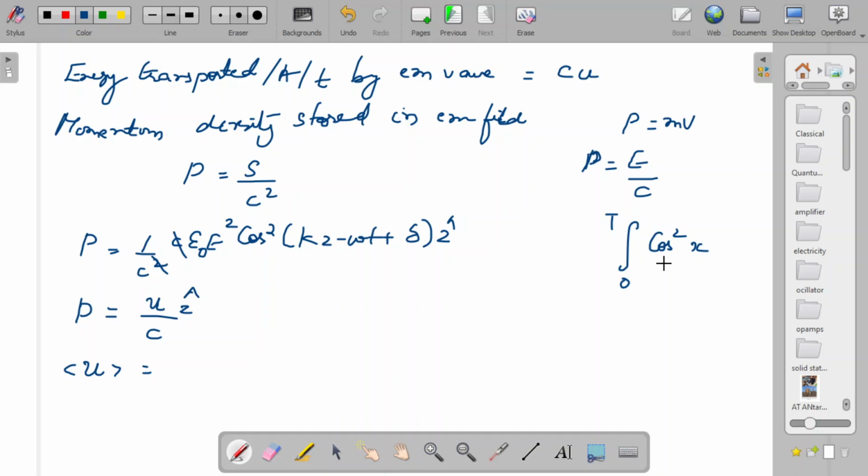You can replace this cos square x with the trigonometric relation, cos square is actually (1 plus cos 2 theta) by 2.